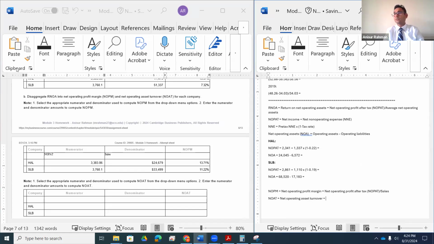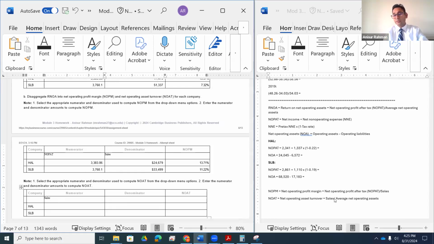Which is equal to sales divided by average net operating assets. So net operating asset turnover. So our numerator is sales.